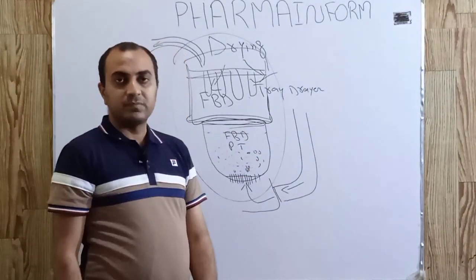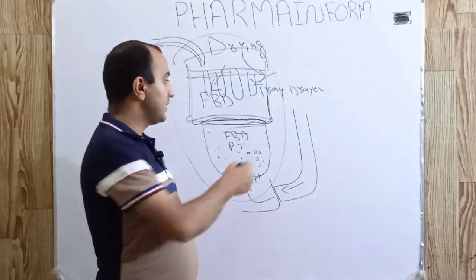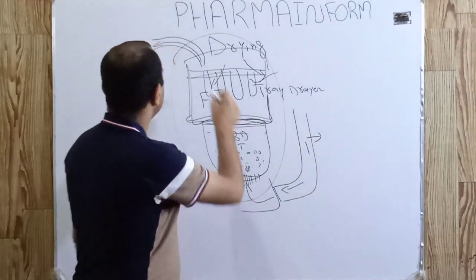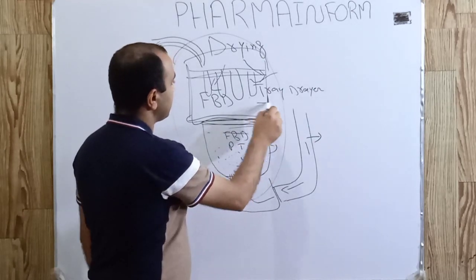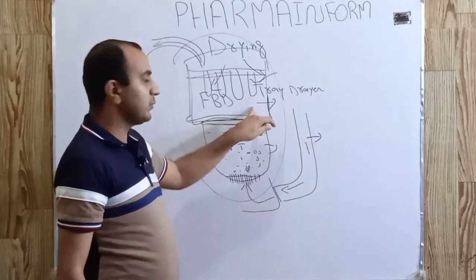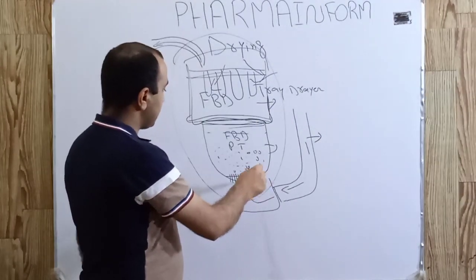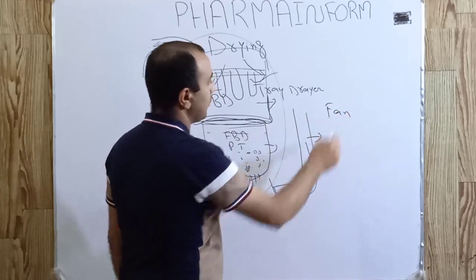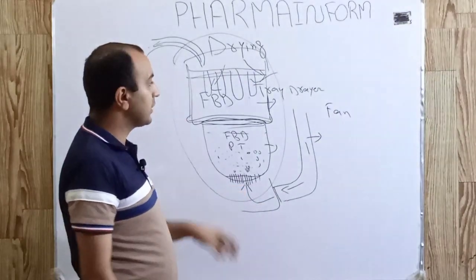There are different components of the FBD. One, as we discussed, inlet for the hot air, other is outlet hot air, product trolley, SS vessel, and we have a fan or blower which is installed to deliver the hot air.